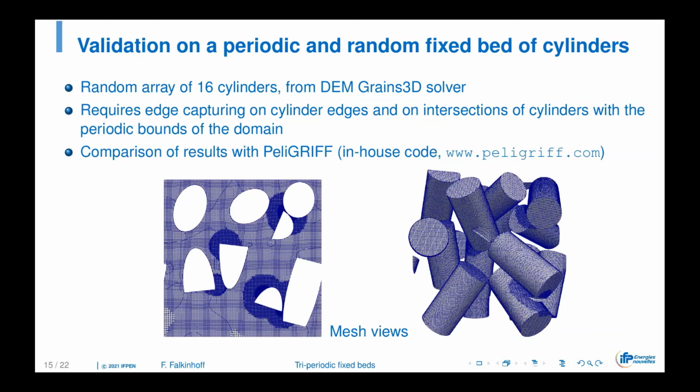You have the website here. This PeliGRIFF solver is able to solve DEM with dynamics computed by Grains3D. Here, of course, edge capturing is necessary, in particular on the edges of the cylinders and also on the intersections of the cylinders with the cyclic boundary conditions.